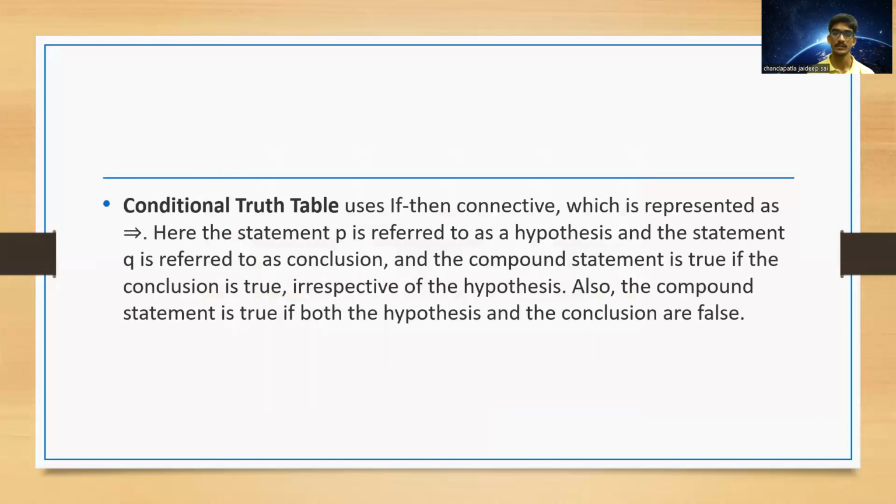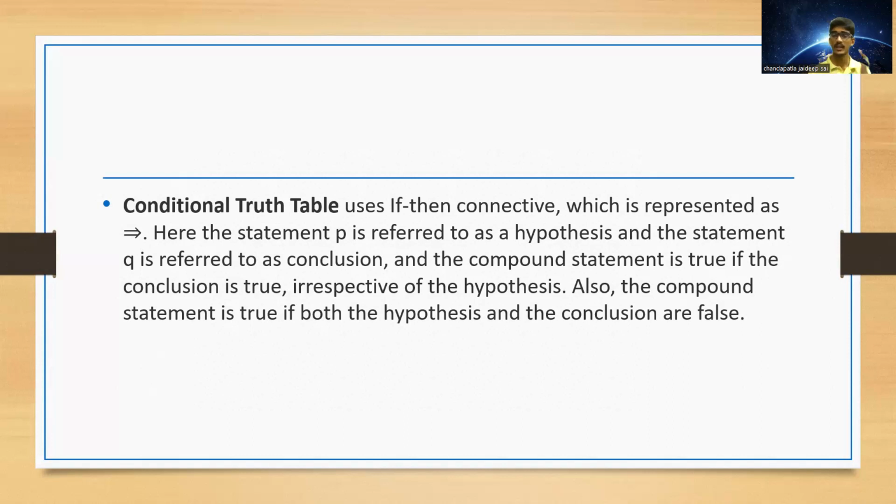The conditional truth table uses the if-then connective, which is represented as implies. Here the statement P is referred to as the hypothesis and the statement Q is referred to as the conclusion. The compound statement is true if the conclusion is true, irrespective of the hypothesis. Also, the compound statement is true if both the hypothesis and the conclusion are false.